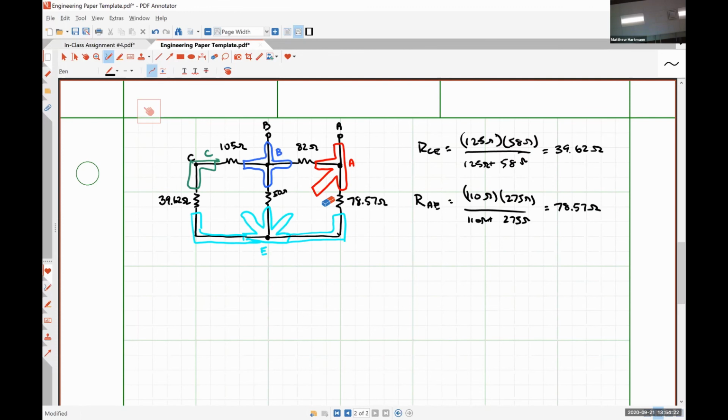And the total series resistance between node B and E is just going to be 105 plus 39.62, which is 144.62. My mental math is correct. All right.